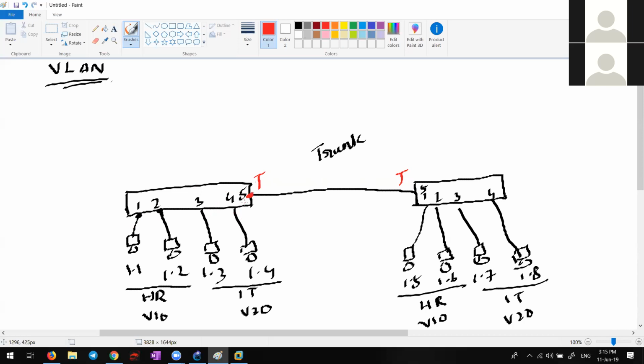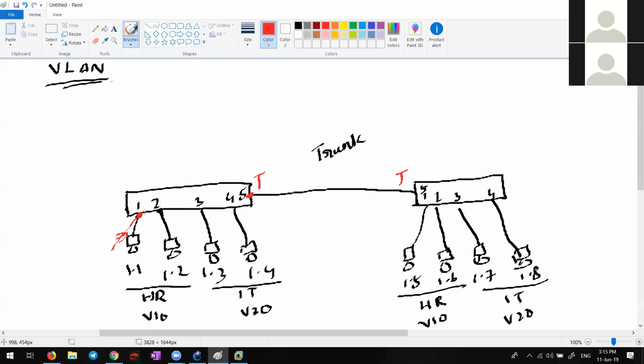Correct? When he is sending a broadcast or trying to find a MAC address using ARP or something, and this data is received on the switch port, the switch will forward this information through which ports?